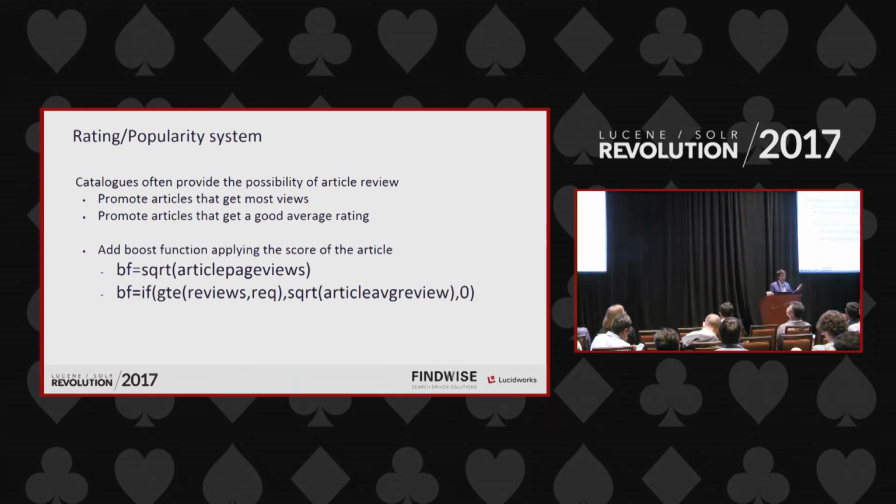Obviously, favorite things are more interesting to show. And then you can actually play around with it. If you have some kind of score, but you don't have a lot of scores, maybe you don't want to use it. So you can have some conditional thing to require, I want to have at least 10 reviews or 100 reviews before I apply the review boost. And that's the second one.